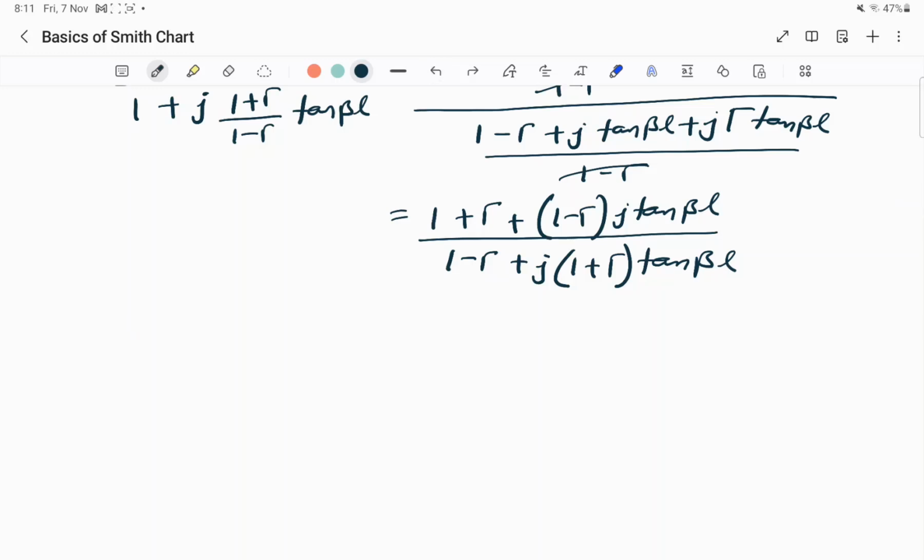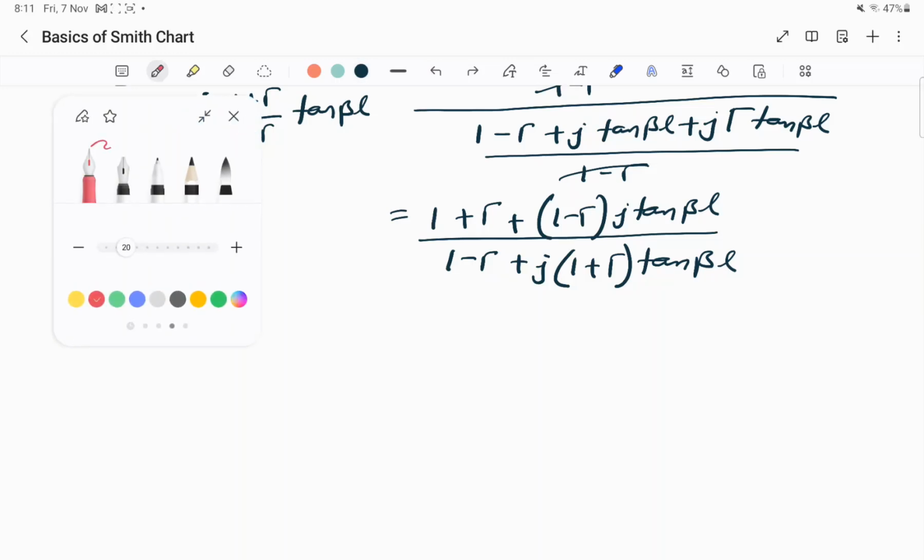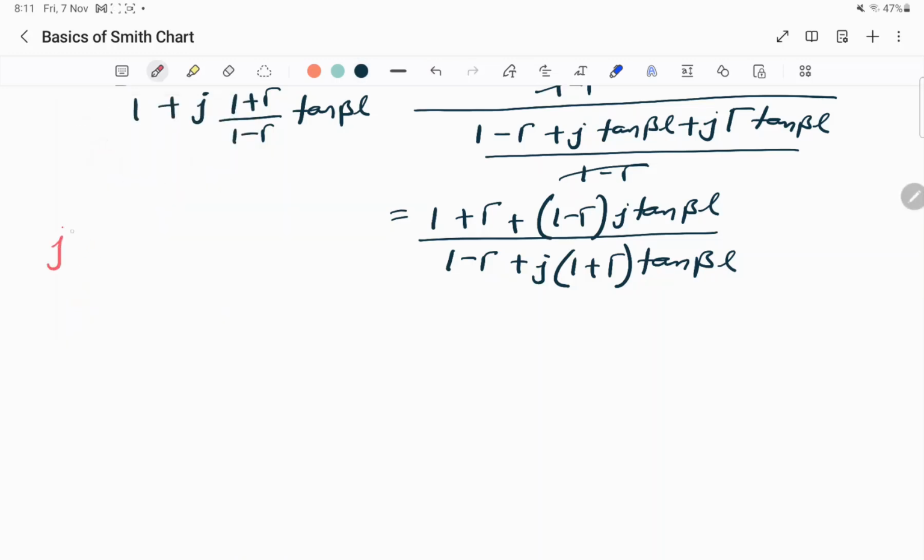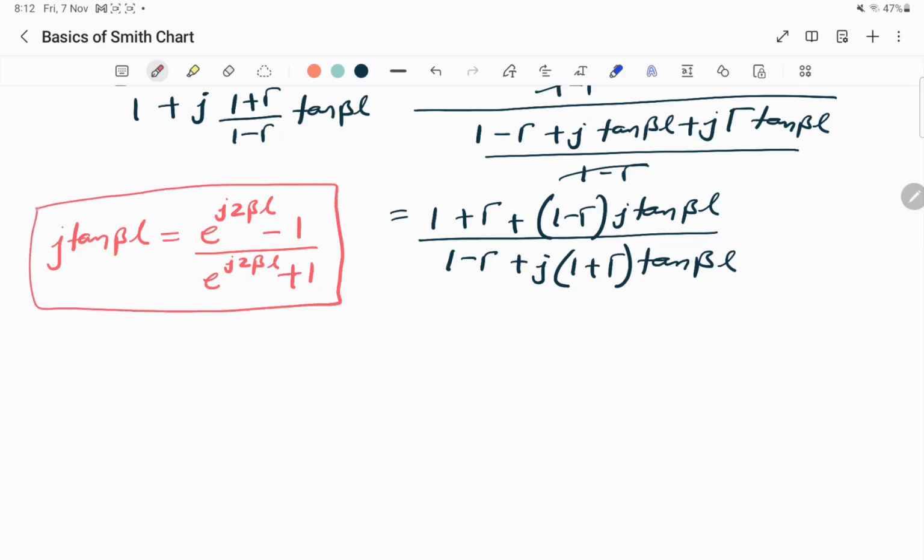Now, there is one small formula I am going to give you, that j times tan beta L can be written as (e to the power j 2 beta L minus 1) divided by (e to the power j 2 beta L plus 1). So I am going to use this formula and substitute it in this term.